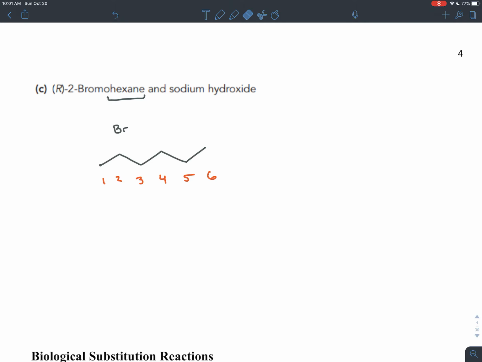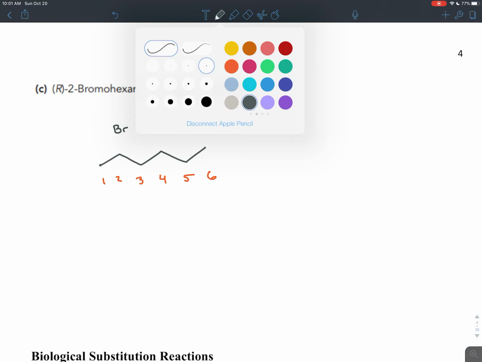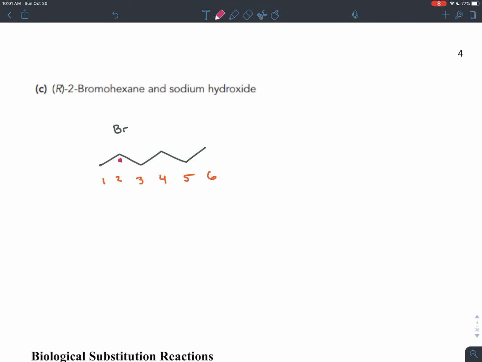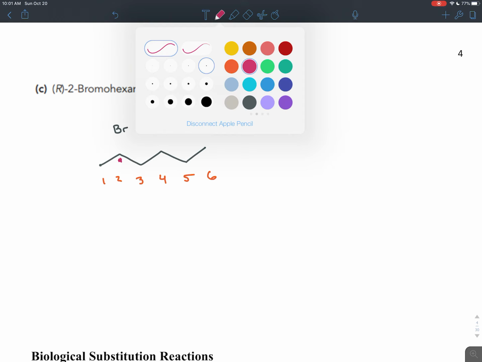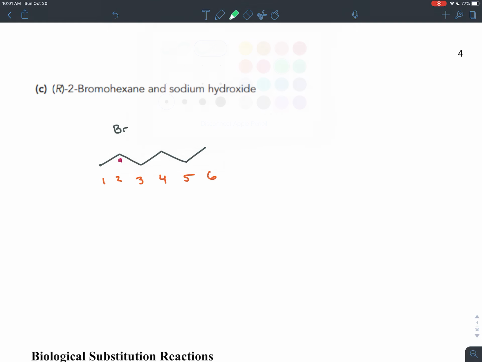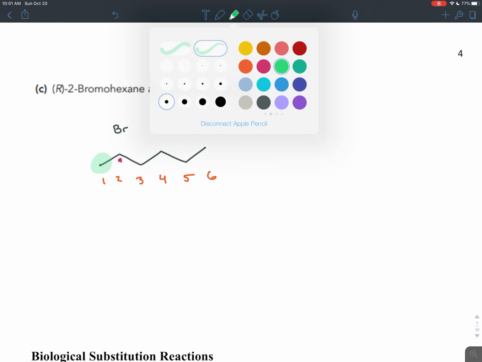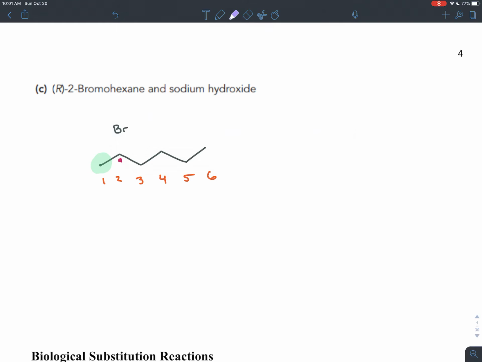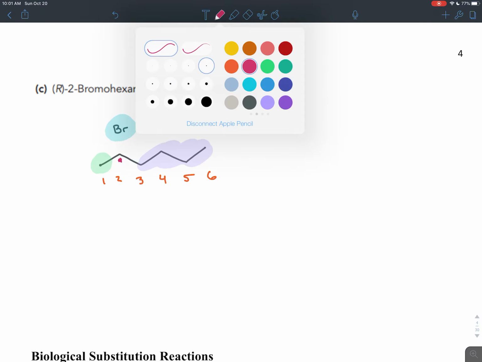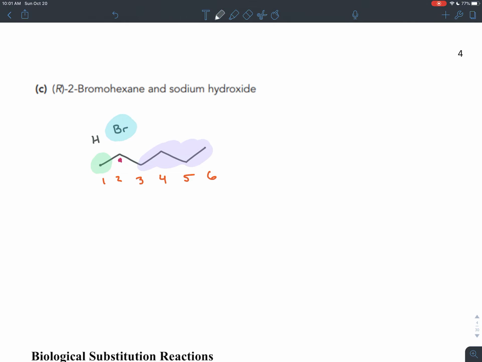But if you'll notice, if you put bromine on carbon number 2, that turns carbon number 2 into a chiral center. Because to the left of that, you'll have a methyl group. To the right of it, you'll have a butyl group. On top, you'll have the bromine, but then you'll also have the fourth thing, the hydrogen.